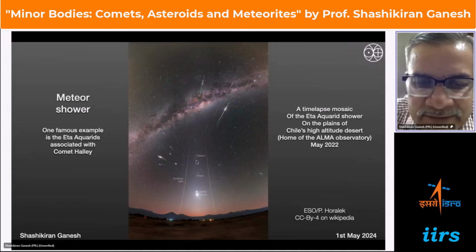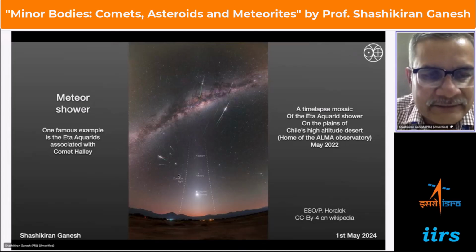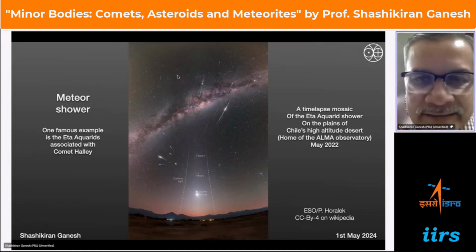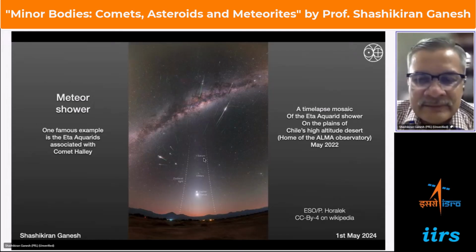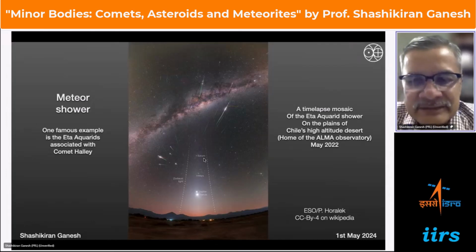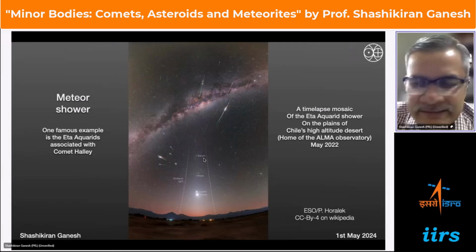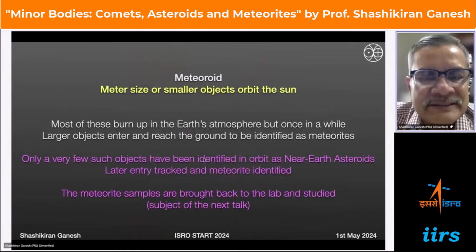This is the location of the star Eta Aquarii, and that's how the name Eta Aquarid comes. These kinds of showers are seen annually in many months around the year. The Leonids are another very famous example, and the Geminids. We'll go into more detail later on if there are questions.